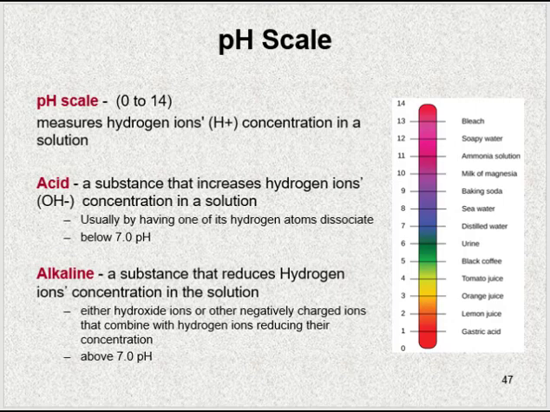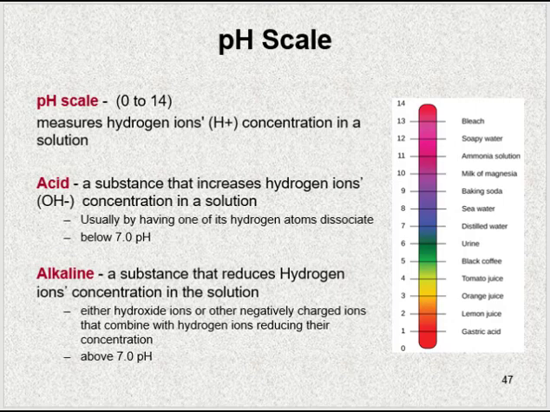The pH scale is a scale from 0 to 14 that measures the amount of hydrogen ions in a solution. For a substance to be acidic, it means that the hydrogen ions would increase in concentration within a solution.